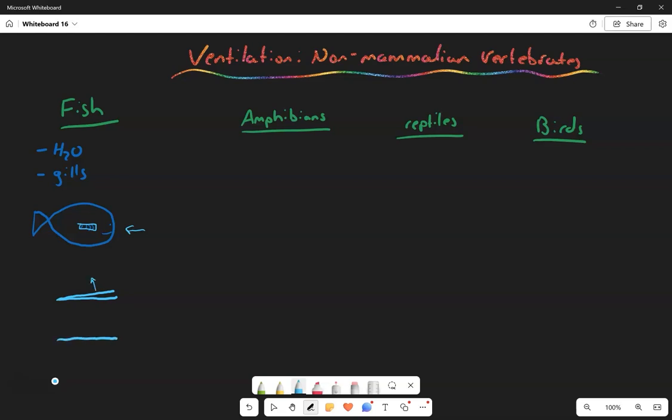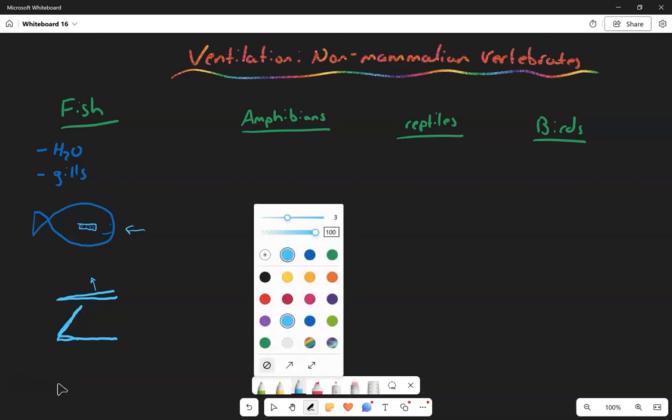When that happens, the opercular cavity goes from a small size to a very large size. So that opercular volume increases.